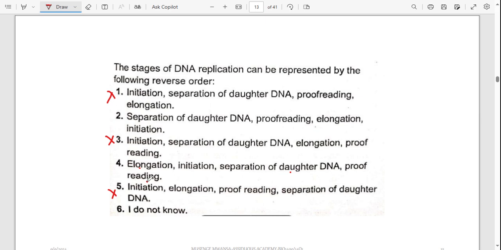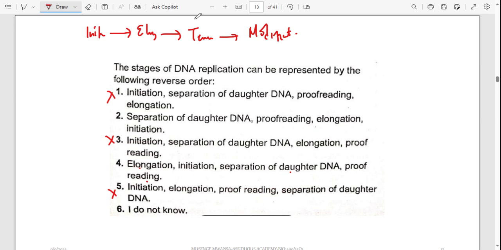So this one is a bit interesting. Remember, what is the first stage? Initiation. After initiation, elongation. After elongation, termination. After termination, modifications. That's why you can also have proofreading.